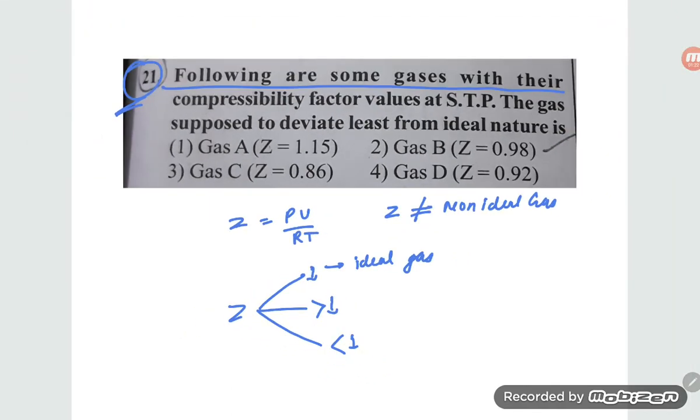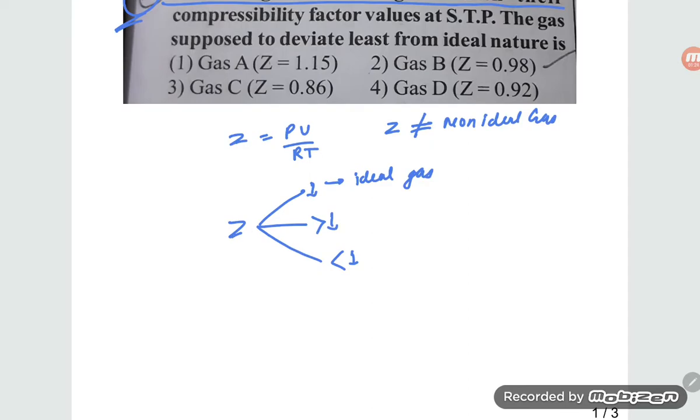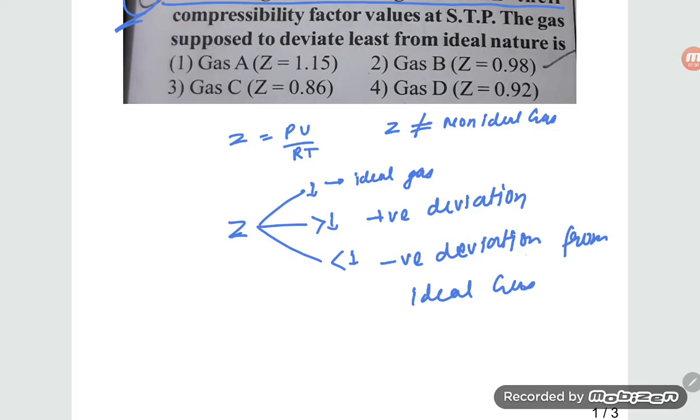If Z is more than 1, it is known as positive deviation, and if Z is less than 1, it is negative deviation, from the ideal gas.